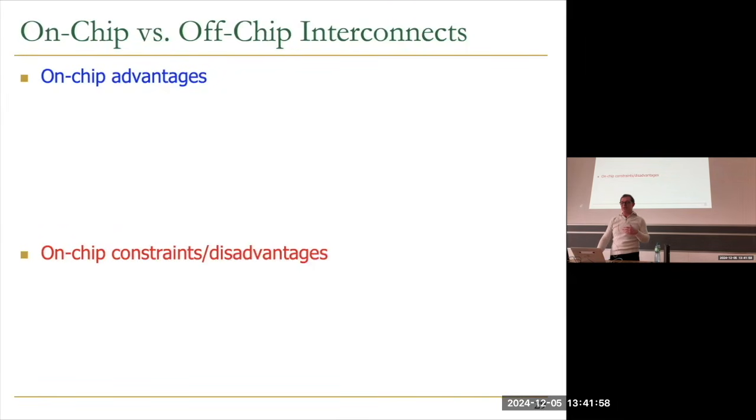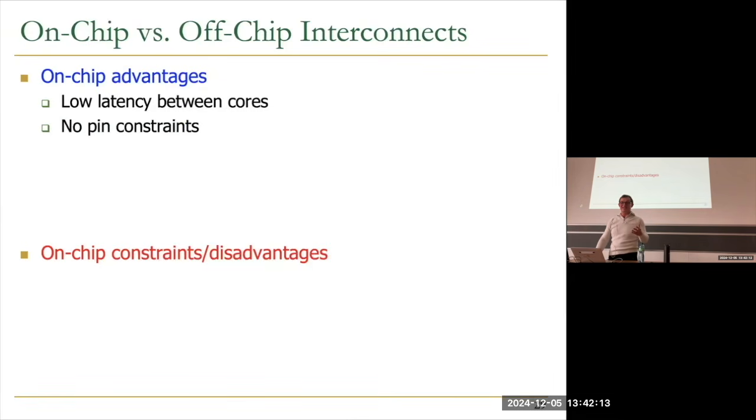Okay, so let's talk about on-chip a little bit, because we're going to deconstruct some of the things that are taken for granted. So you have some advantages and disadvantages when you go from on-chip to off-chip. Clearly, on-chip, you have low latency between cores. No pin constraints. That's a huge advantage, actually. When you go off-chip, you have to go through pins, which are expensive.